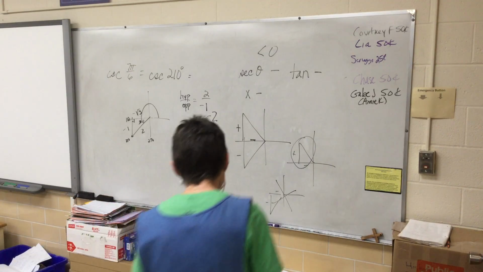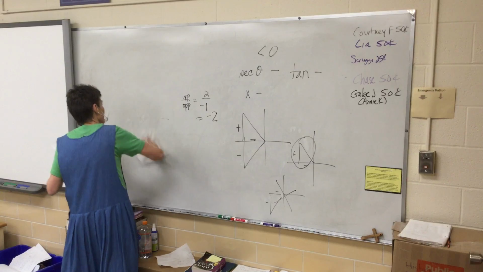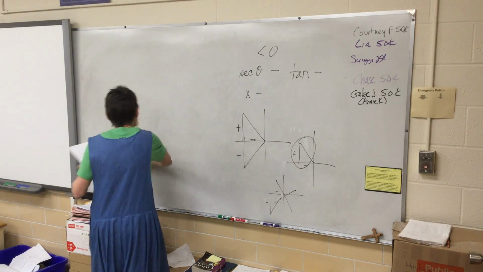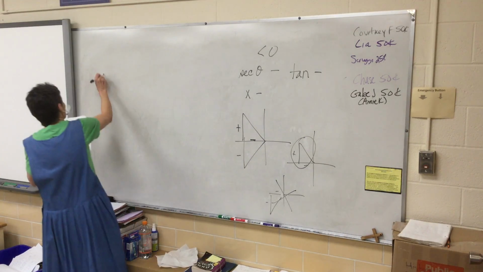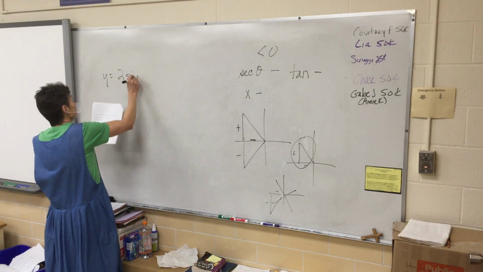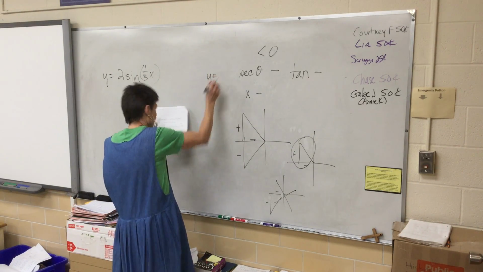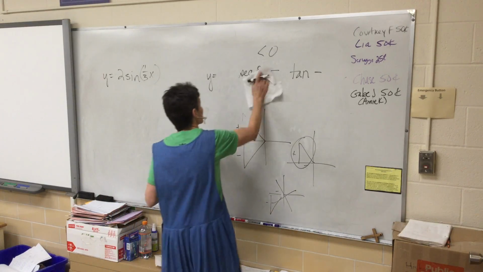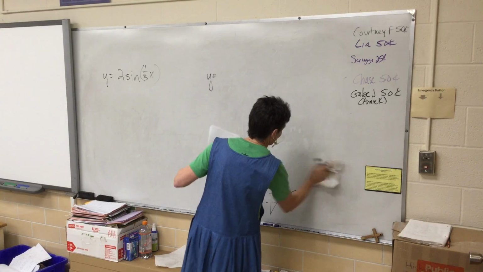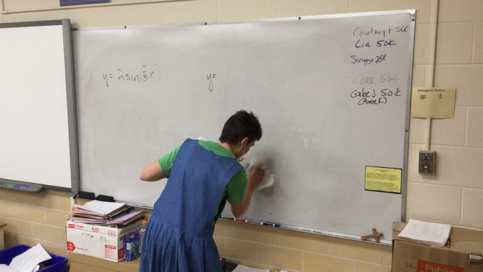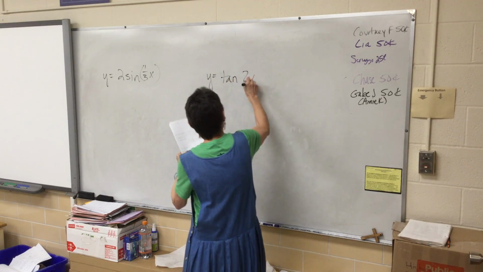Okay, now we're going to do some sketching. Remember, all this is happening without your regular calculator. This is all happening with an I-step calculator. All right, so y equals 2 sine 1 third x, and y equals tangent 2x. Okay, so here we go.